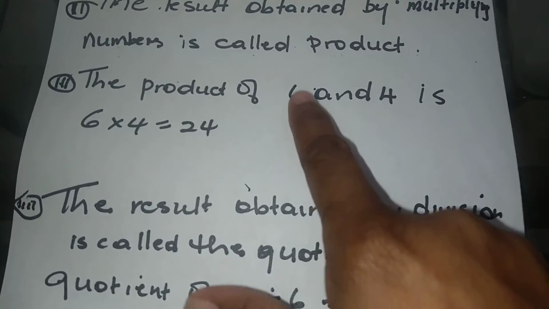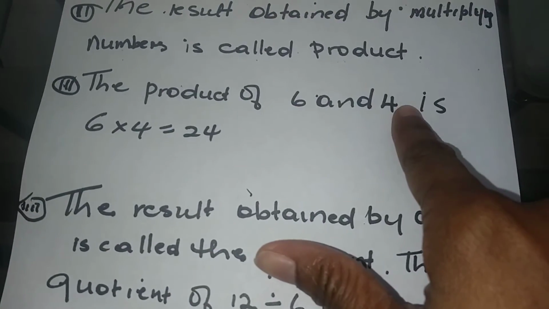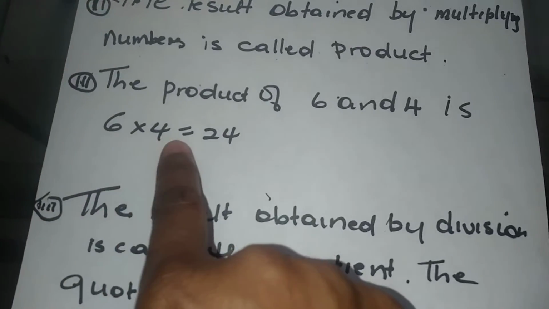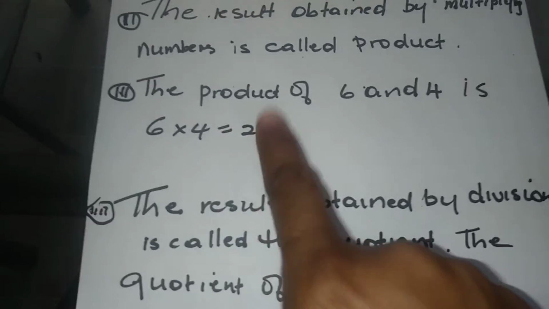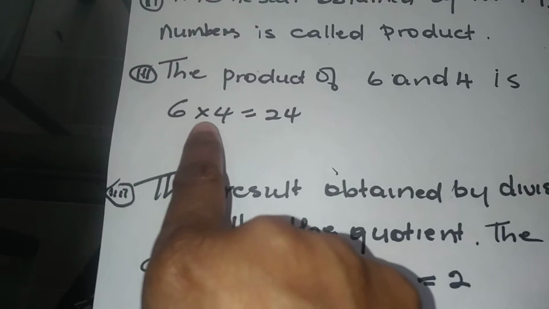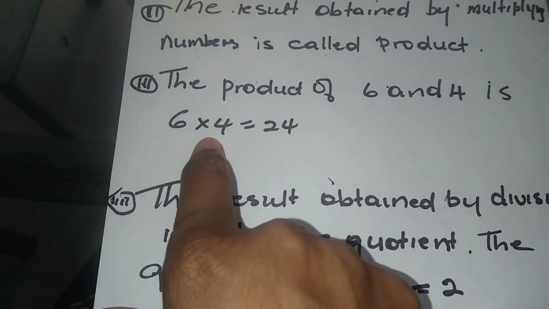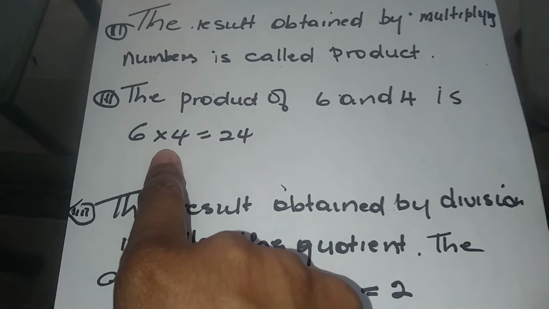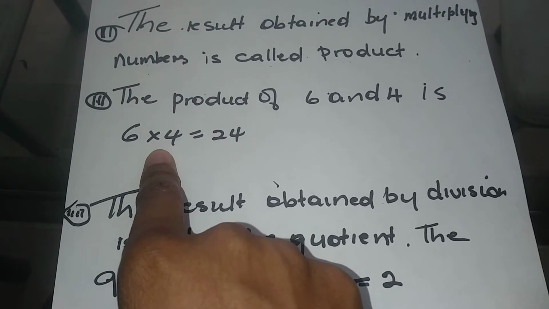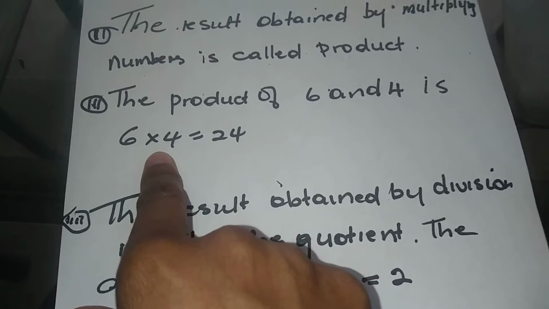Take, for instance, we're going to multiply 6 and 4. So 6 times 4 will equal 24, and the operation sign that we use here is multiplication. So sometimes you find a product, multiply two numbers, it's the same thing.